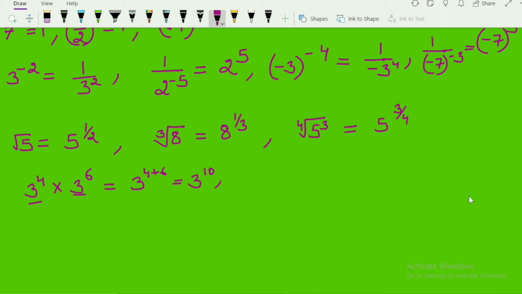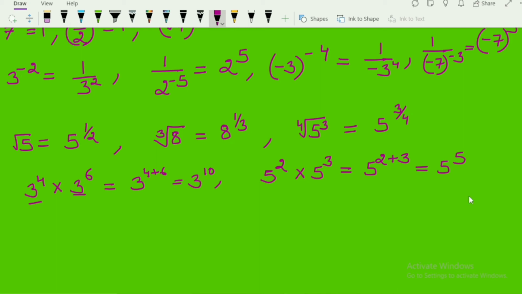Let's take another example. 5 square multiplied by 5 to the power 3 equals 5, and the powers will be added, so we get 5 to the power 5. This was the case of multiplication.